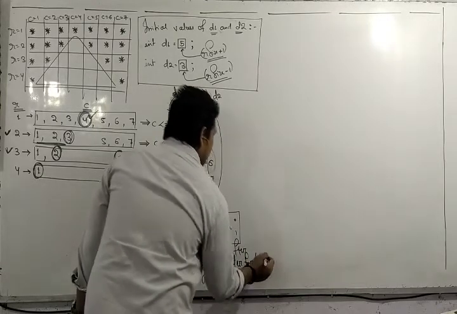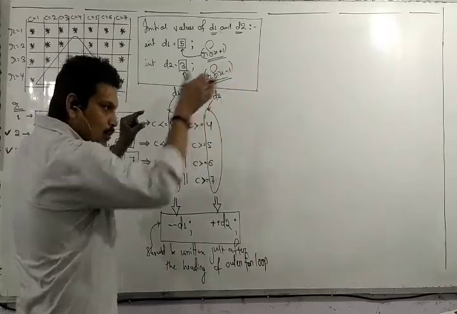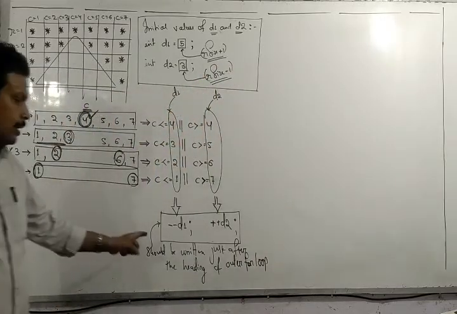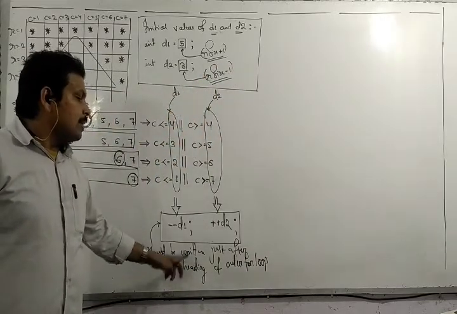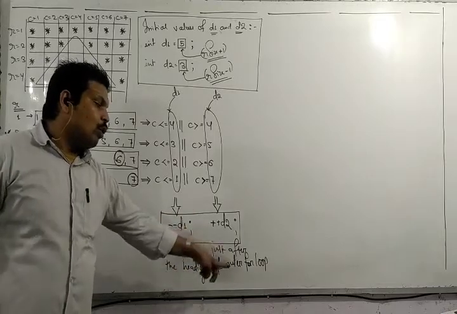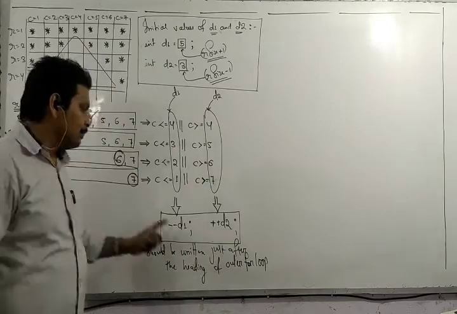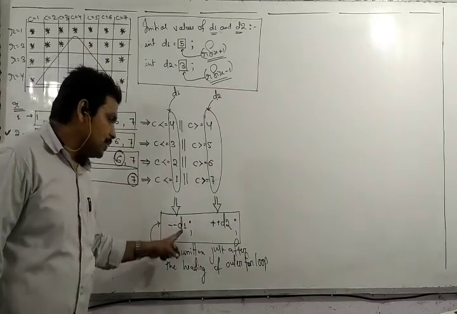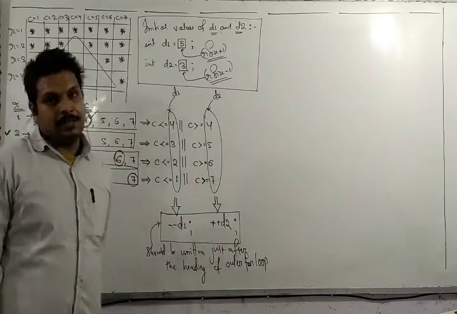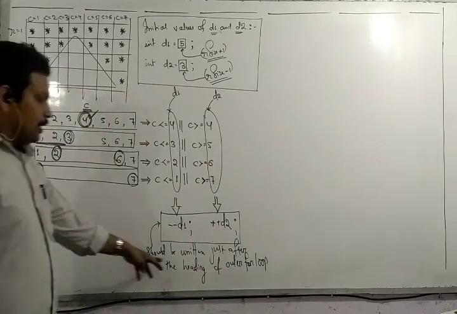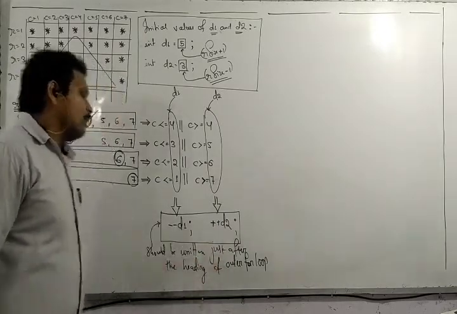I mean it should be written as the first statement of the body of the outer for loop. Okay, the first statement of the outer for loop's body, what will we write? Minus minus d1, and below it plus plus d2. Clear? So it should be written just after the heading of the outer for loop.